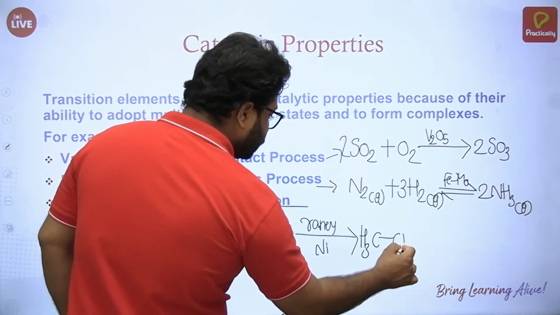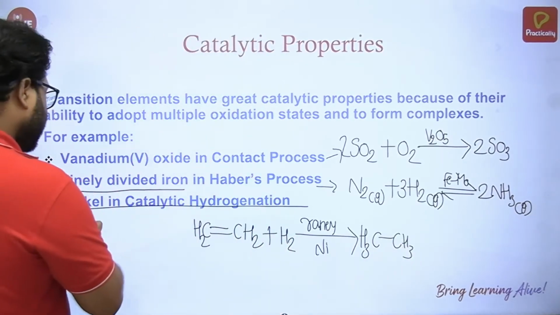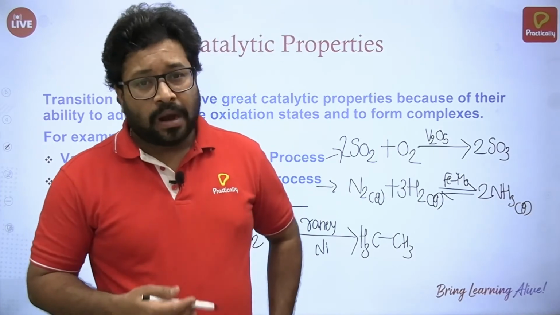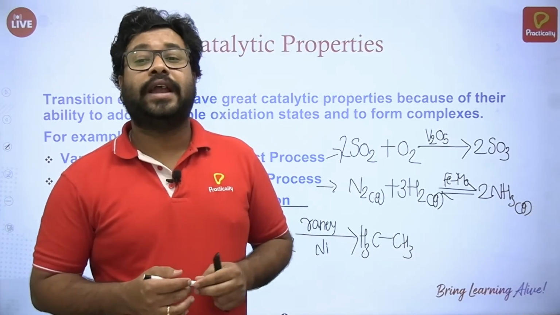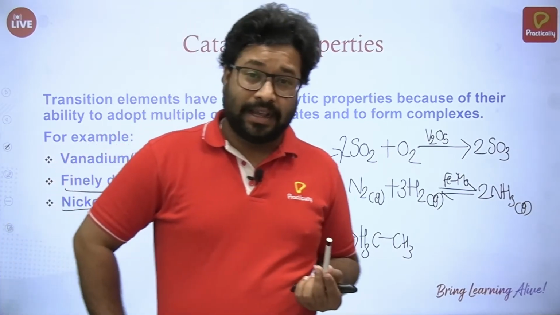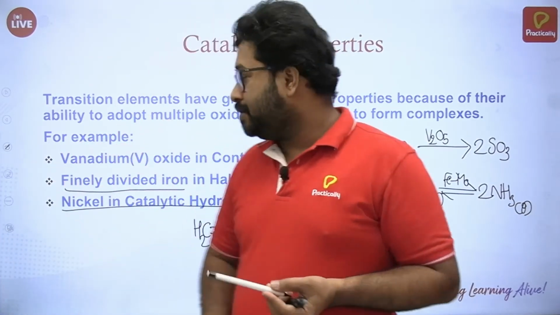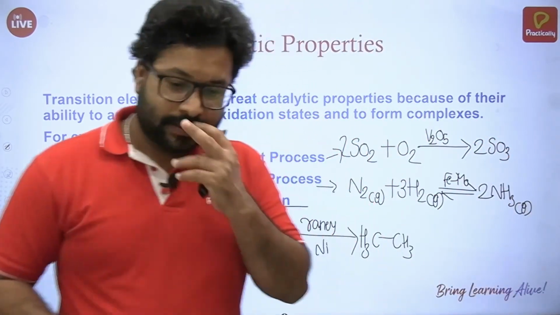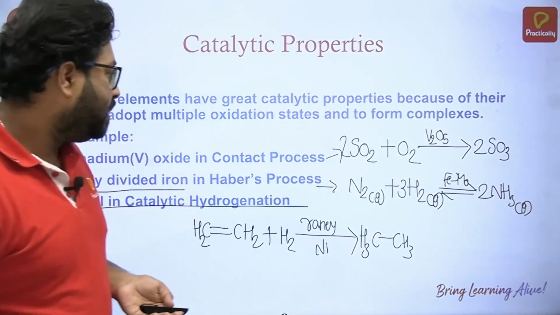This process of catalytic hydrogenation with nickel is actually used to convert vegetable oils into vanaspati ghee. You might have heard about Dalda ghee. So the formation of Dalda ghee comes under this reaction, catalytic hydrogenation. Okay, moving ahead.